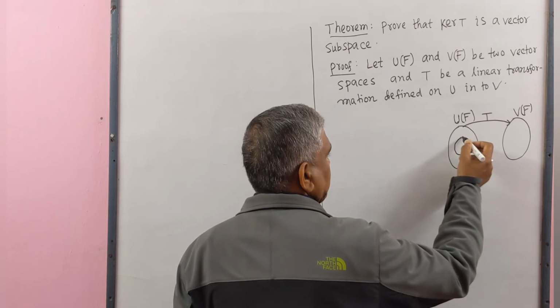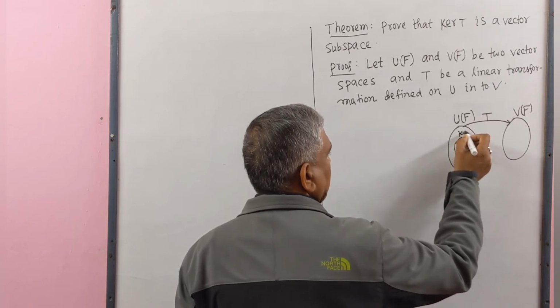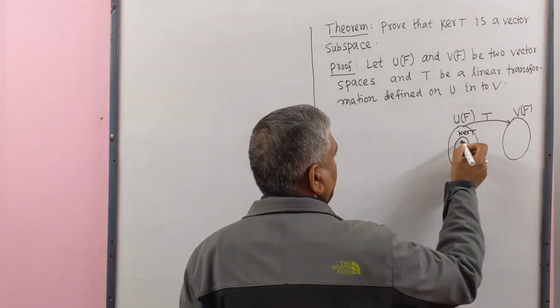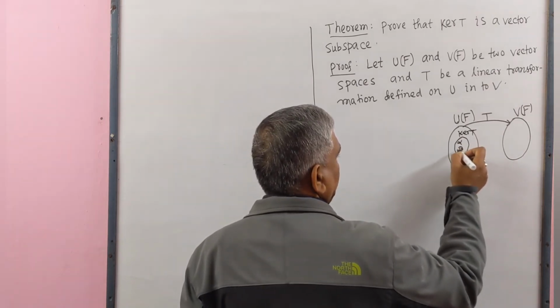Let this be ker T, and alpha, beta belong to ker T.